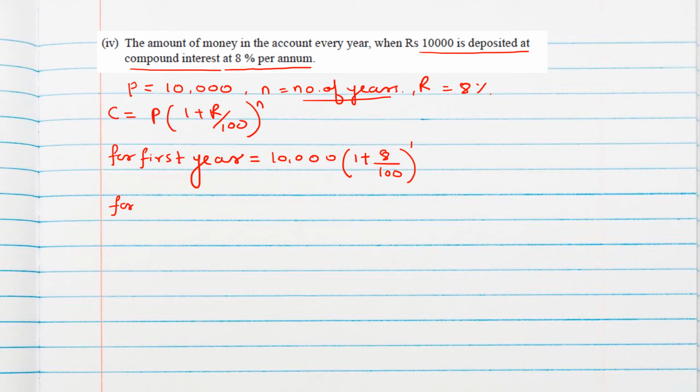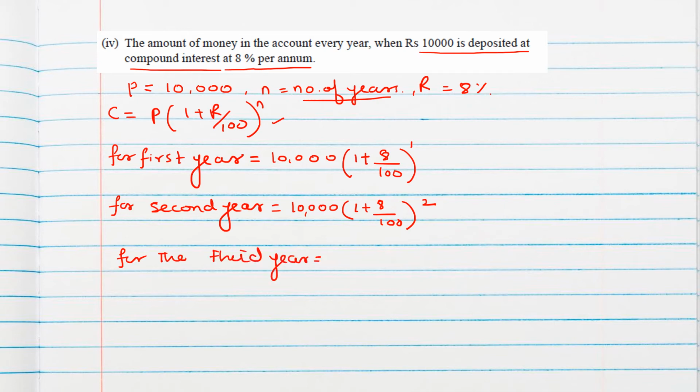For the second year, we will write the same formula, but this time N will be 2. For the third year, the principal is the same, (1 plus 8 by 100) power 3. Okay, so these are the numbers involved in the list.